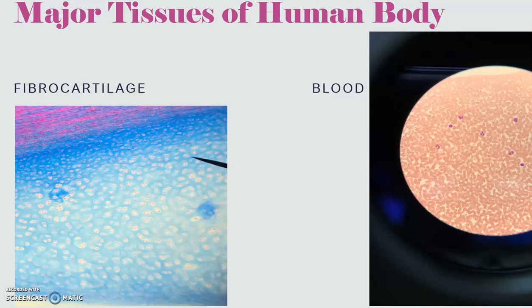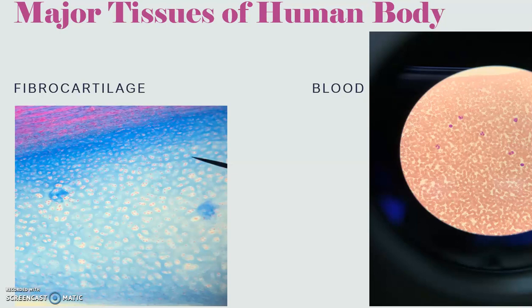So that padding made up of fibrocartilage is going to be the composition of that structure that separates the vertebrae within our vertebral column. Fibrocartilage, along with the elastic cartilage from the previous slide, are also going to have chondrocytes within those circular structures called lacunae.